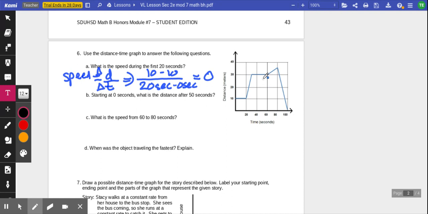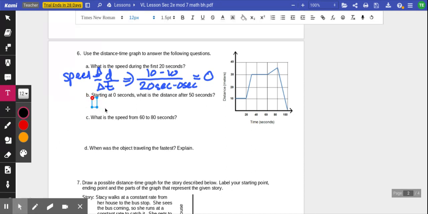After 50 seconds, they have gone 30 meters. Okay, if they ask you for the change in distance, it would be 20, but they didn't ask you that.